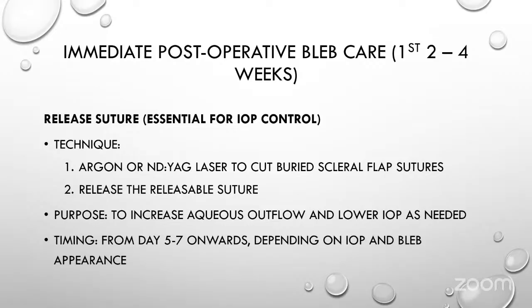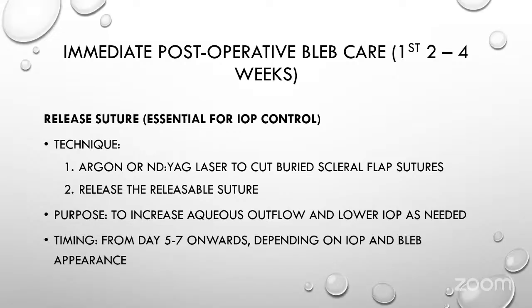If sutures are too tight, you end up having hypertony in the early phase. High pressure, pale bleb may occur. Or if the sutures are too loose, may have hypotony. And in such situations, you run into problems.